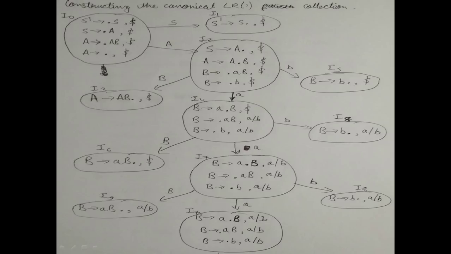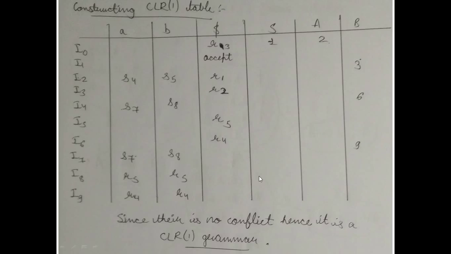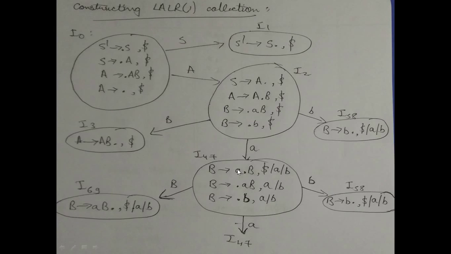So again, we go to the LALR1 collection and we combine the I4 and I7 states. Similarly, analyzing the other states also, we combine I6 and I9 to give I69, I5 and I8 to give I58. Again, the same I58 state over here also.